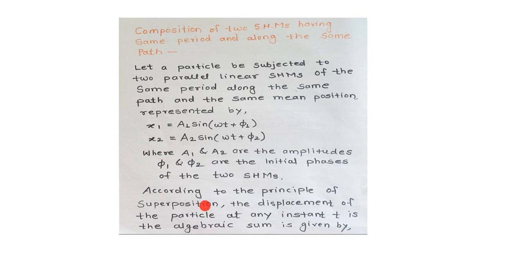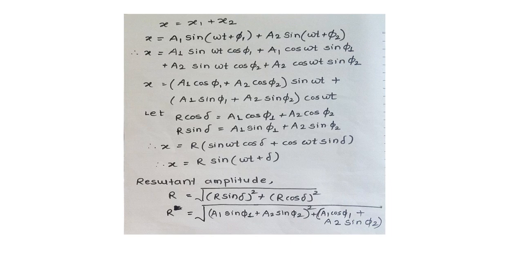According to the principle of superposition, the displacement of the particle at any instant t is the algebraic sum, given by x equals x1 plus x2. Now substitute x1 and x2. x equals a1 sin(omega t plus phi 1) plus a2 sin(omega t plus phi 2).